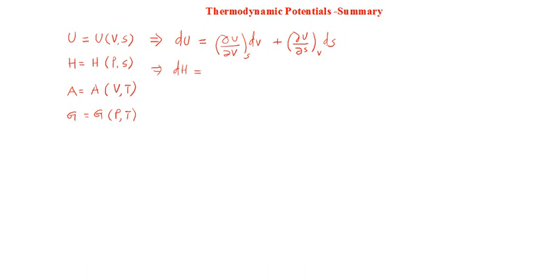It will be equal to dou H with respect to the first variable P, keeping the other variable S constant, times dP, then plus dou H with respect to dou S, keeping P constant, times dS. That is there, right?